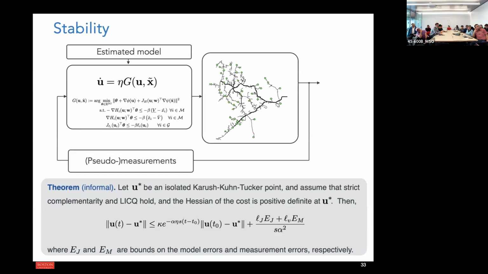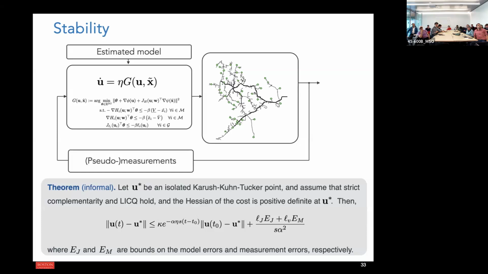informally, we can show that this closed loop system renders a KKT point of the optimal power flow problem that I formulated practically locally asymptotically stable, where again I have this forgetting factor here that's typical in exponential stability. And then we have this constant term here, where now I have two terms, EJ and EM.